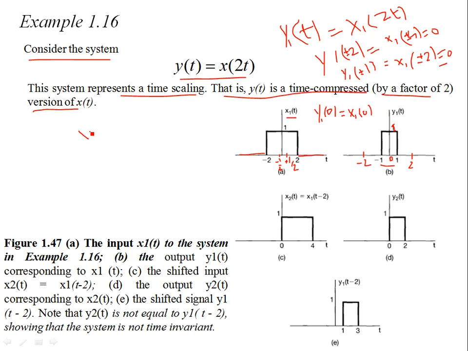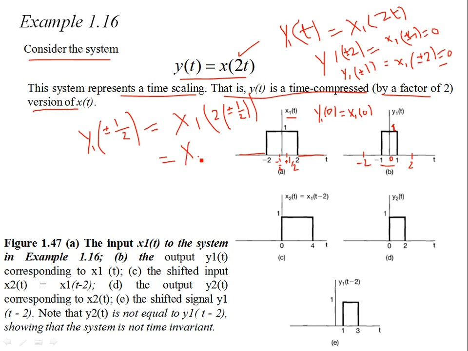So y1 of plus minus half is my x1 of 2t, that is, 2 times plus minus 1/2. So I'm just showing that this is indeed a time compressor by a factor of 2. That's the factor that is compressing the time.